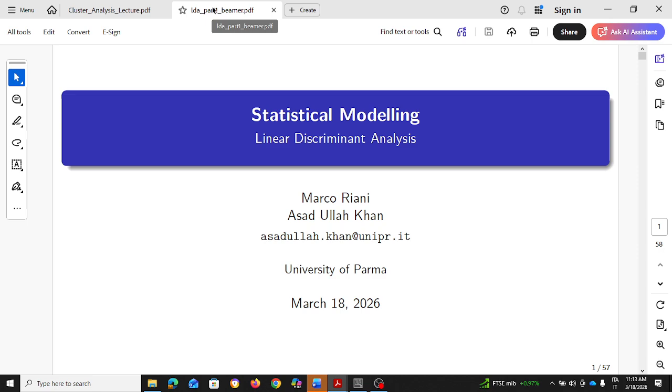So this means LDA operates on features, operates on subspace. So this is subspace 1, this is subspace 2. Okay? And these are kind of features for us.